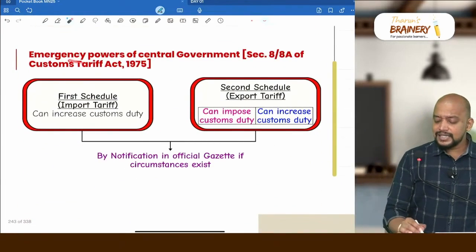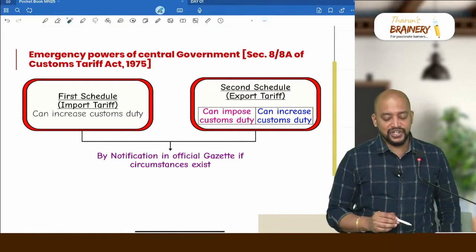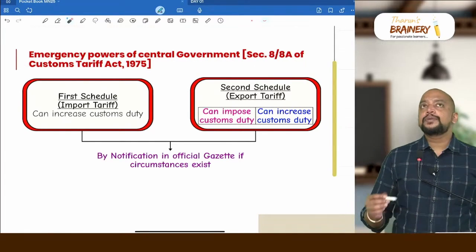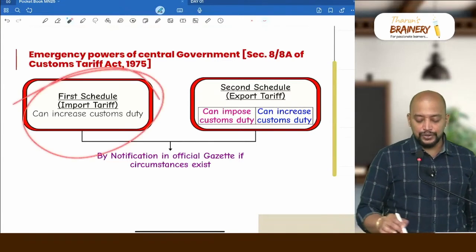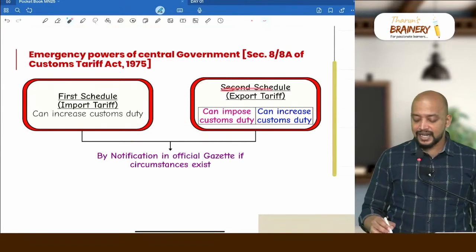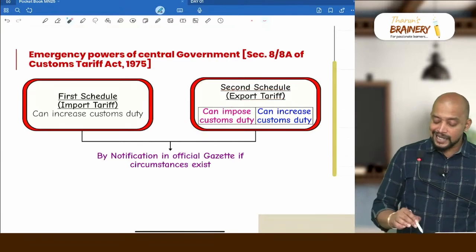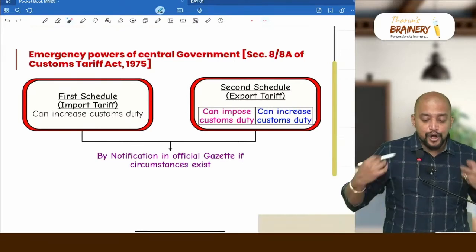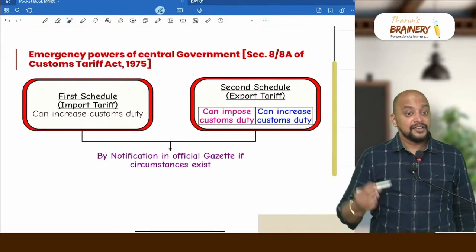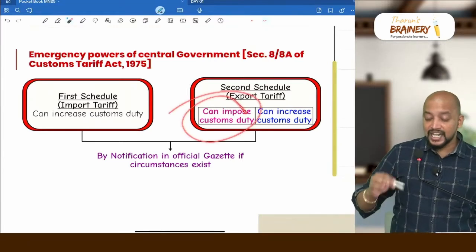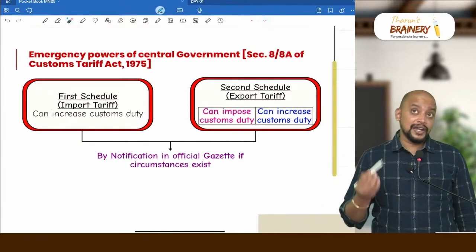Then emergency powers of the central government as per section 8 and 8A of the Customs Tariff Act. We have all import related details in the first schedule to the customs tariff, that is the import tariff, and export related tariff is in the second schedule, that is the export tariff. In case of the first schedule, they can increase only the customs duty, but they cannot bring a product into the levy of customs duty for import. But in case of export, they can bring a product into the levy of customs duty, or increase the duty on an already existing product.